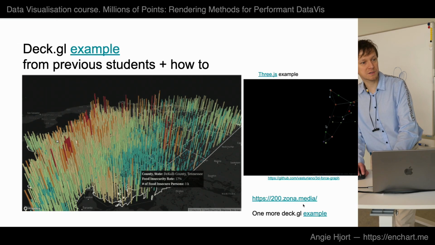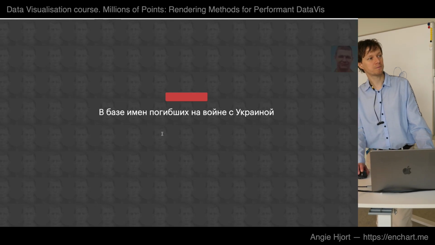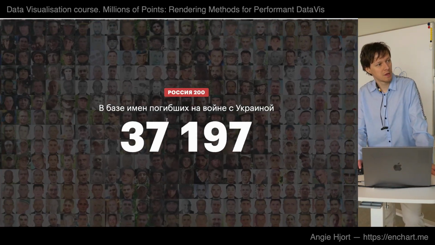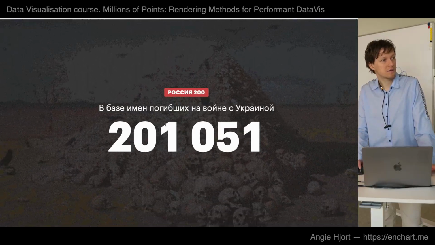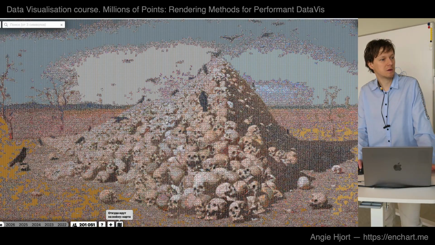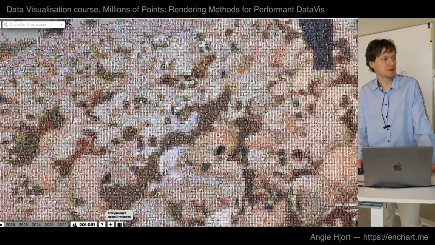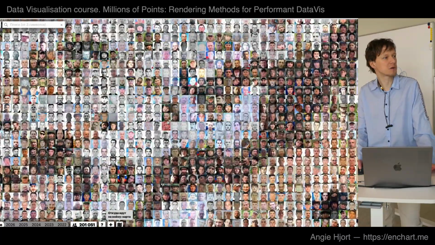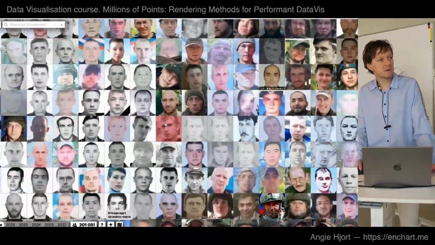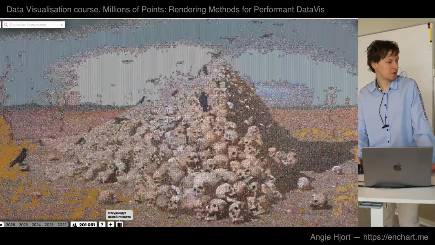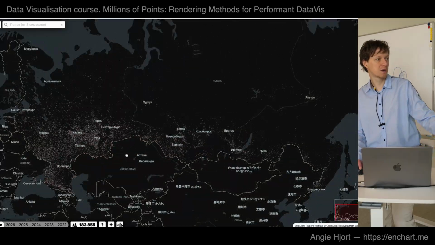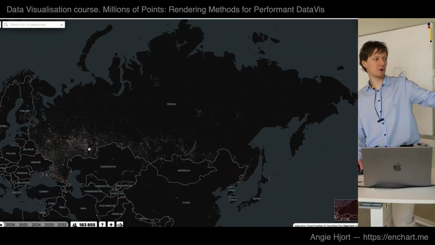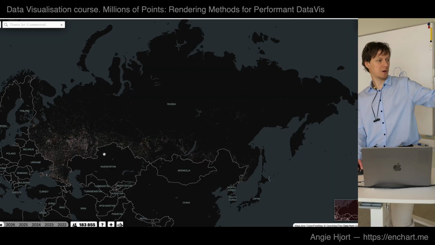And then we have seen that example before with soldiers who died in Ukraine from the Russian side. The count data is collected by Mediazona, the news outlet. Look how fast it is. Every face here is a data point. I can zoom in and out. I can switch to the map here, where they're coming from. I get all the data points distributed across the country and where the people come from.